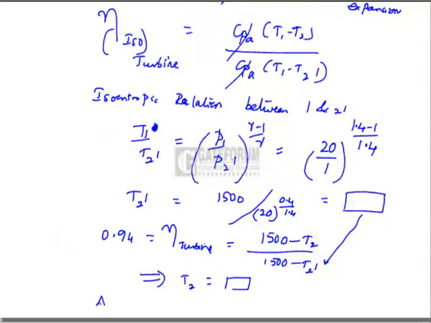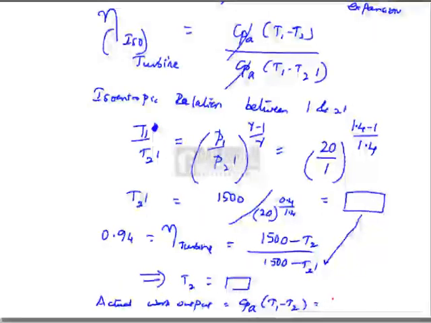Then actual work output is equal to Cp of the gases into T1 minus T2, which is 0.98 into (1500 minus T2), already calculated earlier.